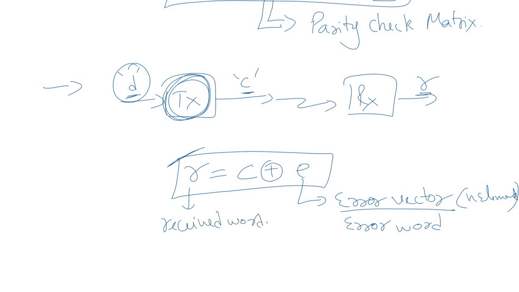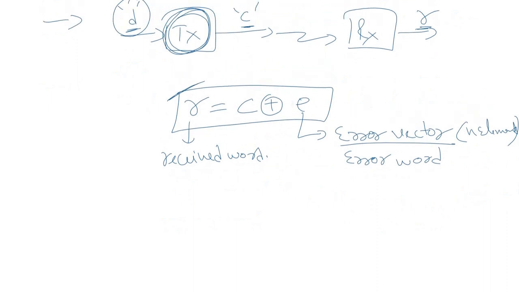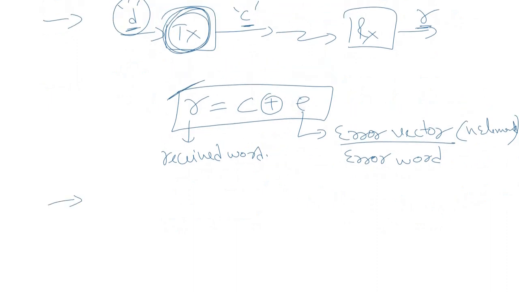Now let us try to further analyze this expression of the received word with the help of an example. If you remember, in the previous video lecture we did an example for a (6,3) code. Let us take a particular value out of the same example. (6,3) means it is the value of n,k given to us. K is the number of data digits.